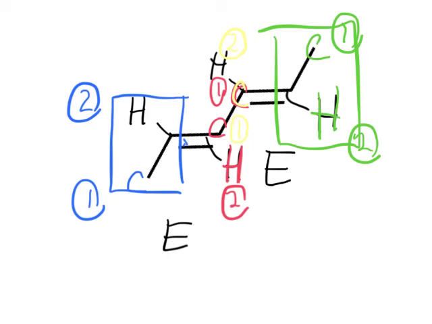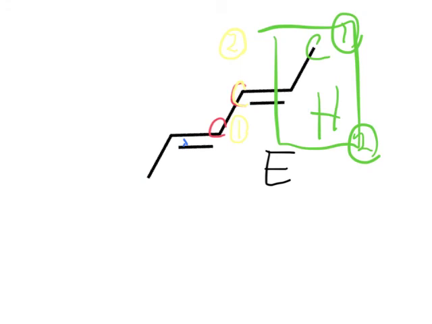So when I go ahead and name this molecule, and maybe I'll just clean this up a little bit so we can see it a little easier, this molecule here now is going to have two E's. So when I name this molecule, the way we indicate this is 2E, 4E, because that's where the two double bonds are, and I put those in parentheses, hyphen 2,4-hexadiene.